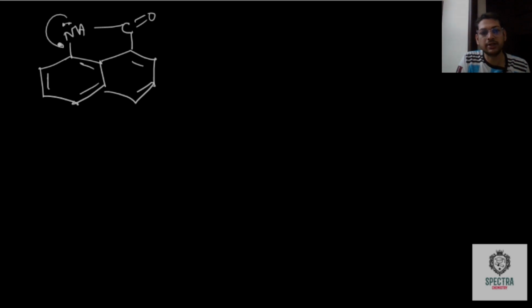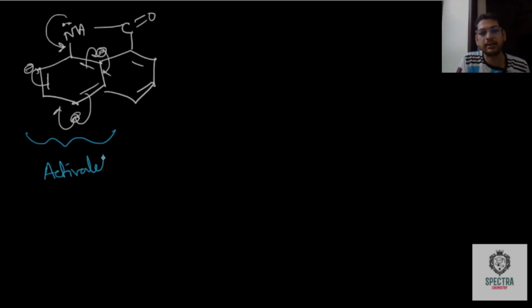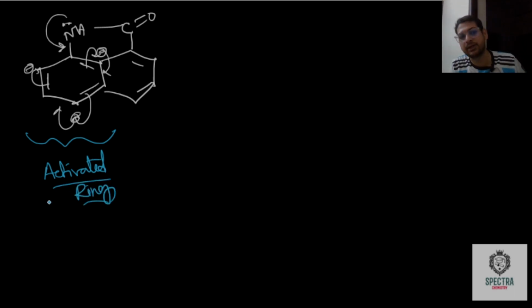This will initiate the resonance, and you will get a negative charge here, and after resonance, a negative charge here, and here. That means we can easily tell that this ring is actually an activated ring.